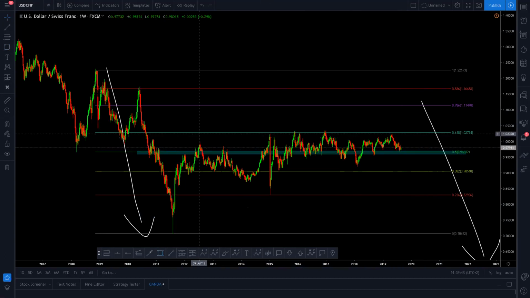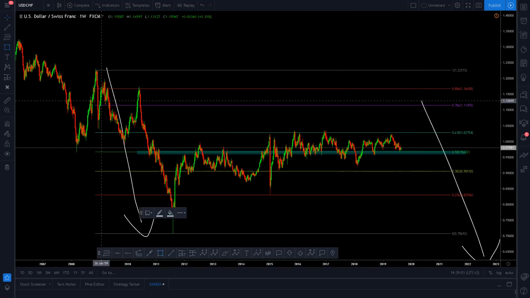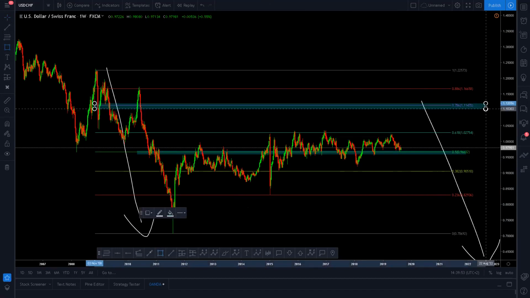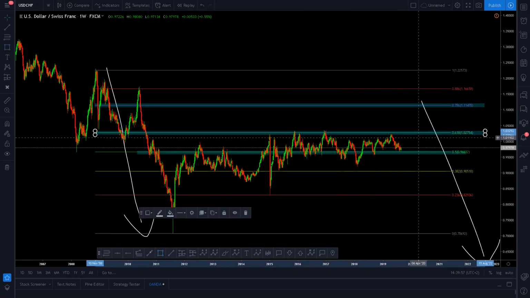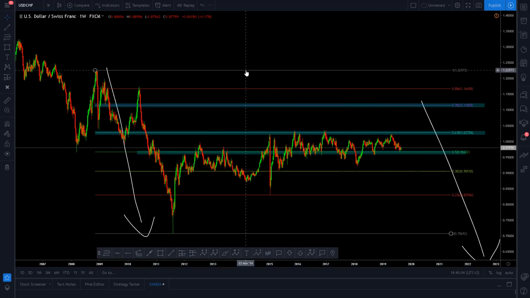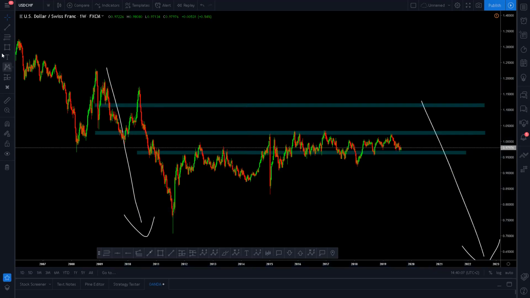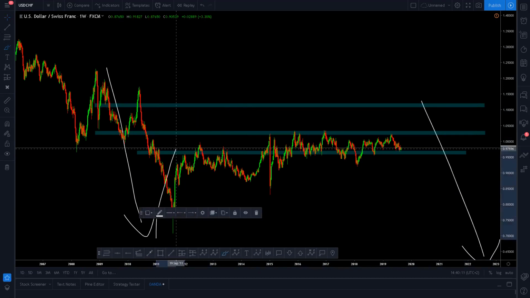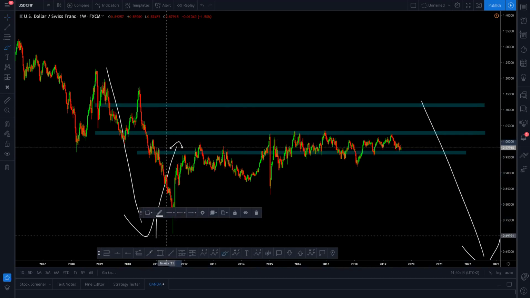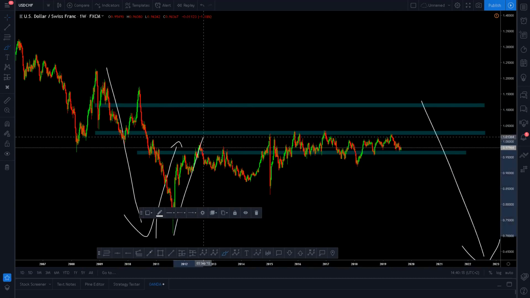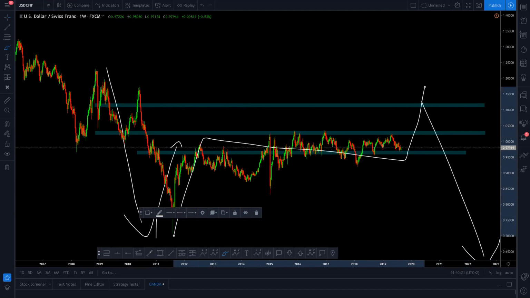For now, let's just make 78.6 and 61.8. I'm drawing these zones above the current market price because I'm still looking forward to getting this move, this one, because this corrective structure needs to make at least a three wave move, something like this.